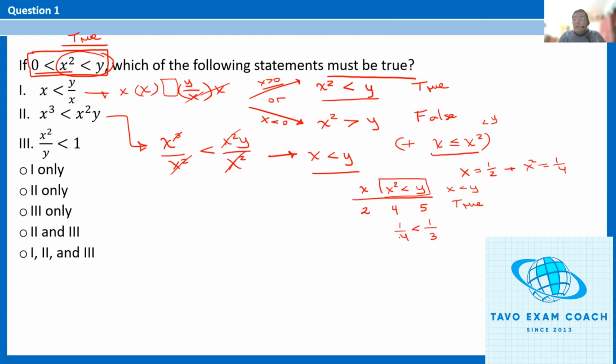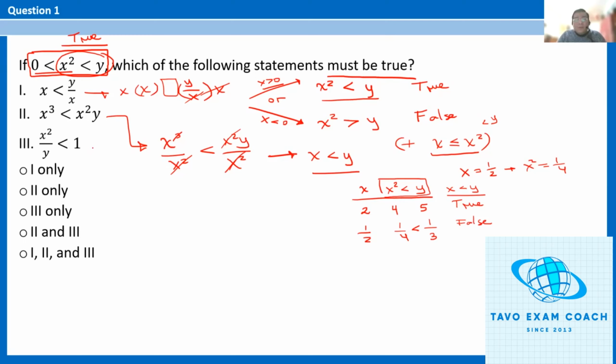If x squared is 1/4, then x would be 1/2. So is 1/2 less than 1/3? No. So we say that x less than y is false. We verify that this affirmation, inequality number 2, is not always true.